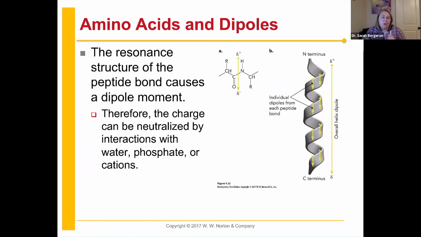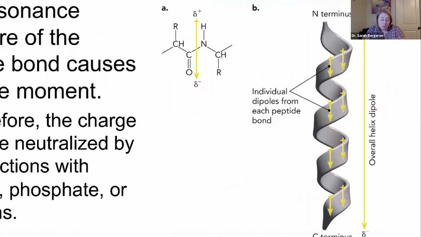So why, when we do this, do we end up with some larger effects on a protein structure? If you look at how the amino acids are organized inside of an alpha helix, what you're going to see is that an individual amino acid has a dipole, right?